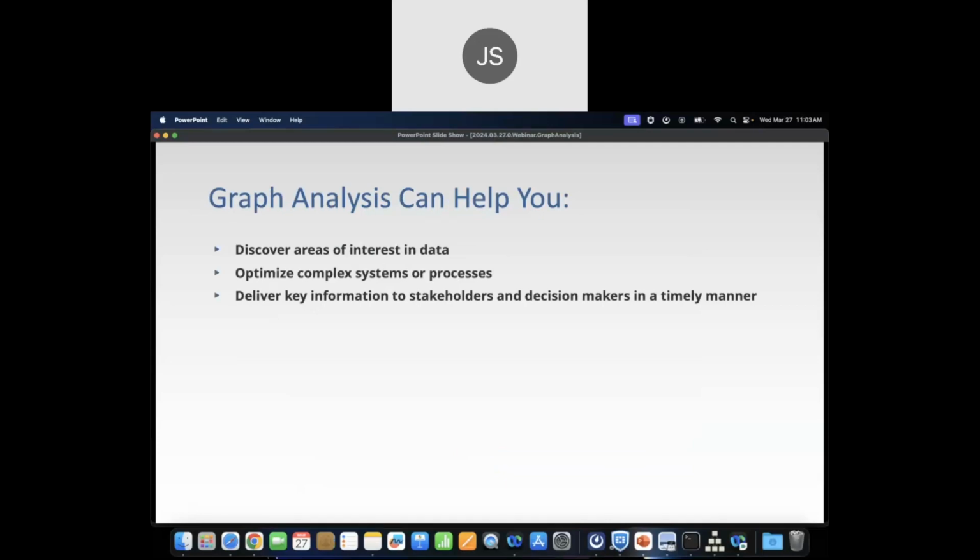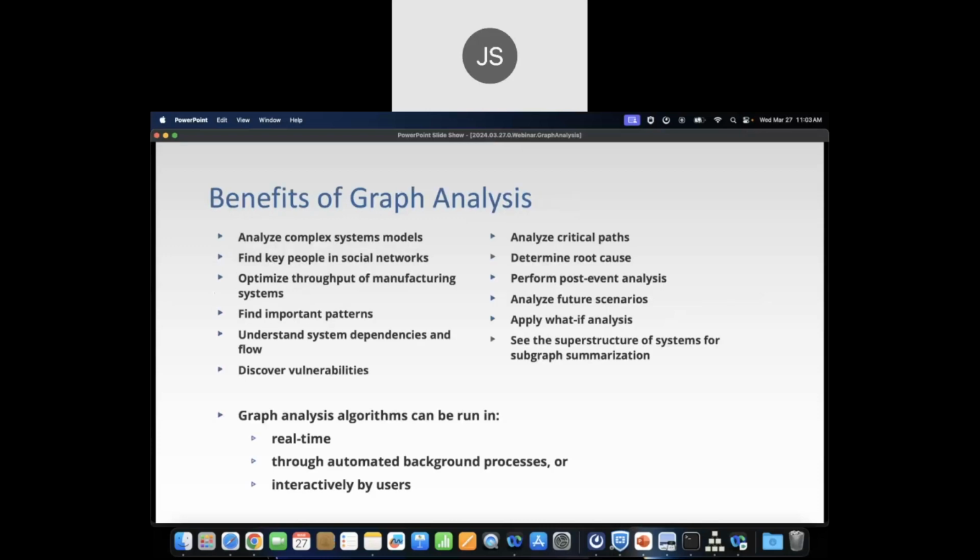So graph analysis can help you to discover areas of interest in data, optimize complex systems or processes, and deliver key information to stakeholders and decision makers in a timely manner. There are many benefits of graph analysis, and I won't say everything that you see here on the screen. For example, you can analyze complex systems models.